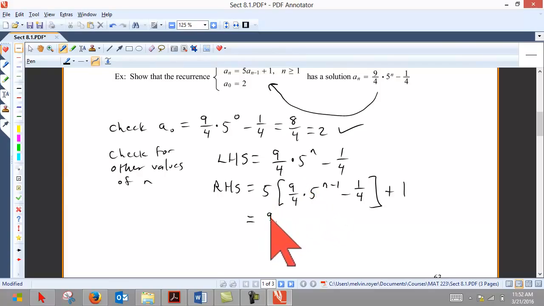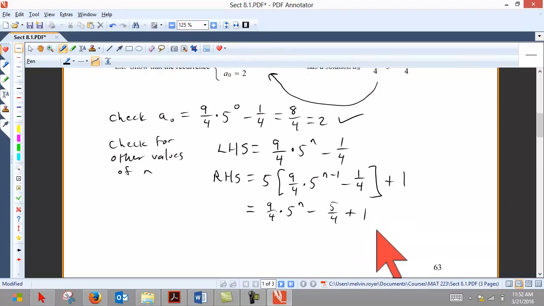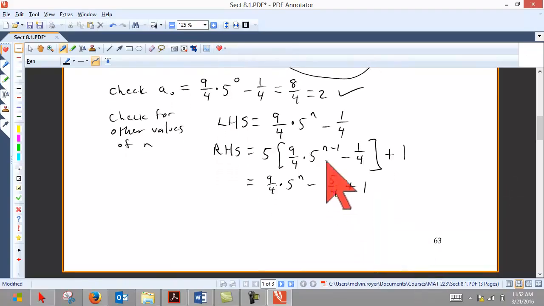And we get 9/4 times 5 to the n minus 1, but then plus 1, and then minus 5/4, and then plus 1. But of course, this 1 is 4/4, and so minus 5/4 plus 1 is minus 1/4, and there we are.